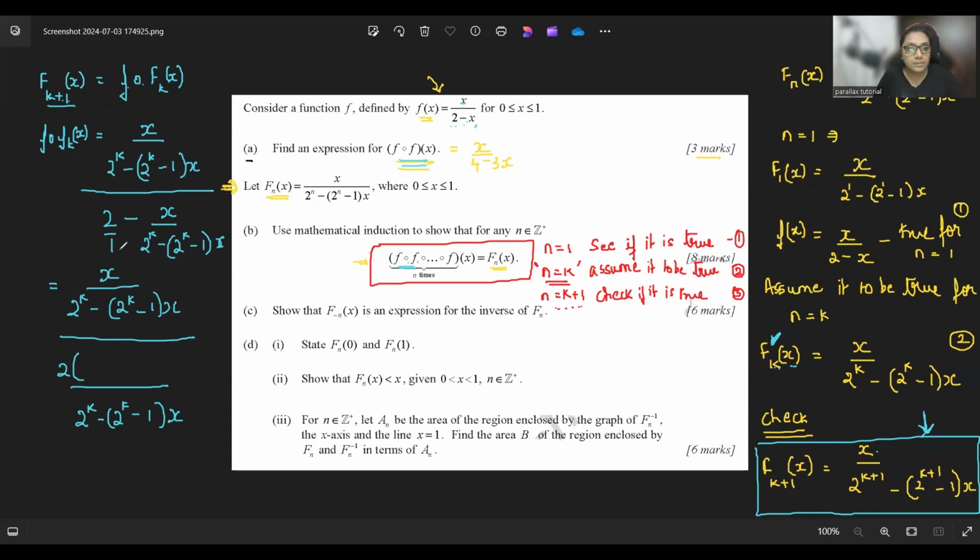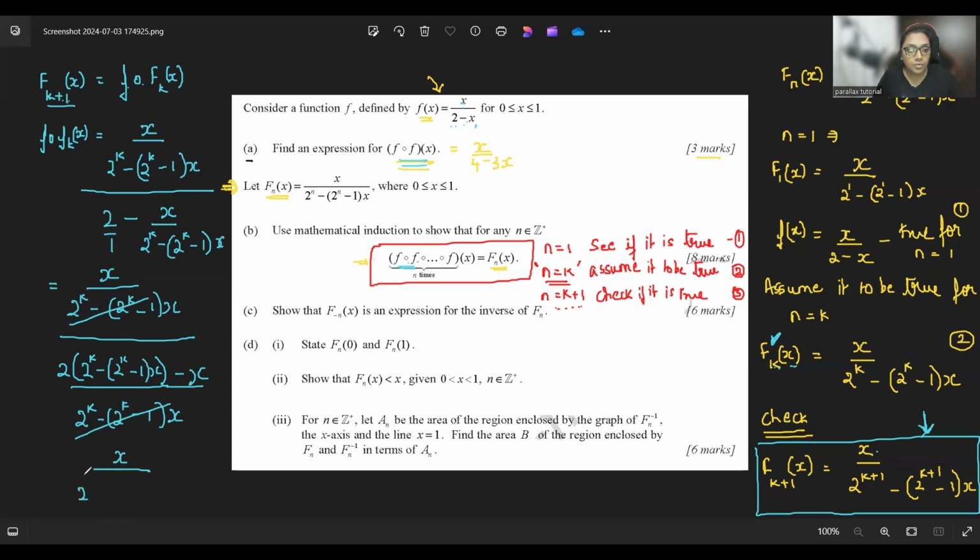Common denominator concept. 2 gets multiplied with 2 to the power k minus 2 to the power k minus 1 x, and then there is a minus x. Let's solve this further. So basically the denominator gets cancelled. So we are left with x from top.